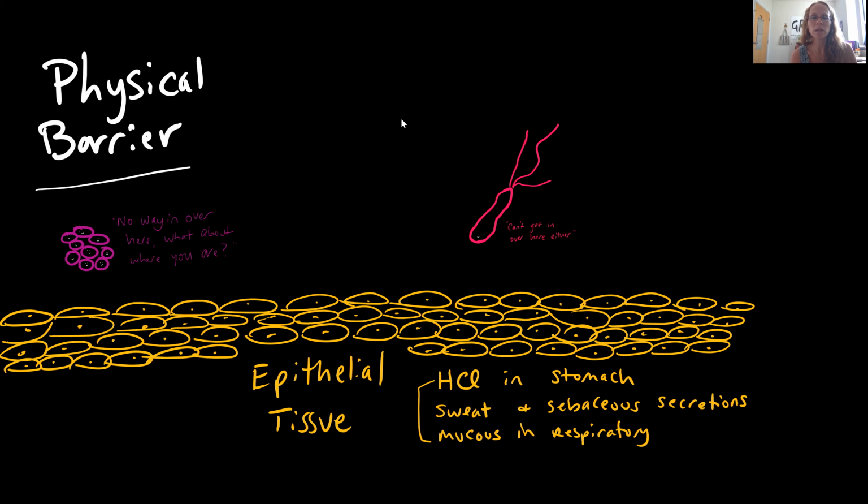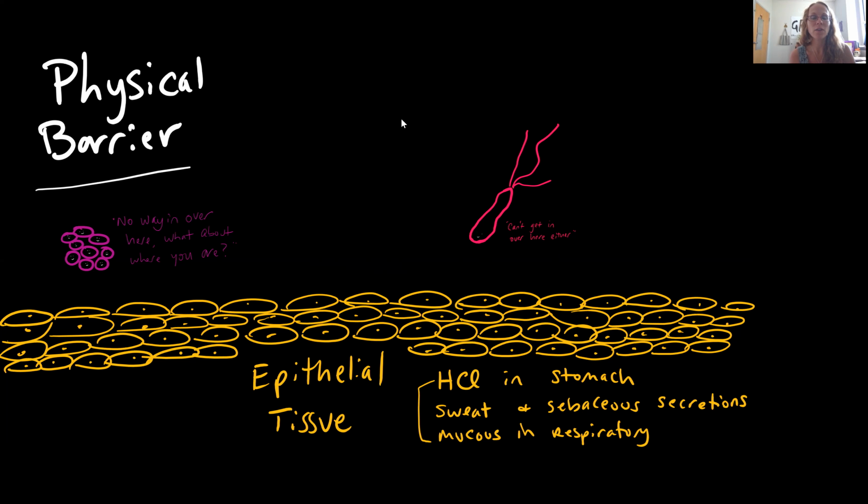So to begin, let's think about our physical barriers. Now this is kind of like Anatomy 101. We talked about the job of the cutaneous membrane, creating a physical barrier that prevented pathogens from gaining access to your body. Ta-da! That's a physical barrier. So that's what we're talking about.